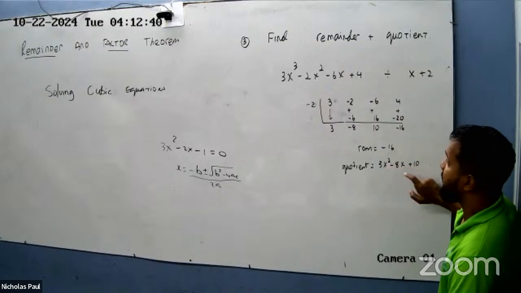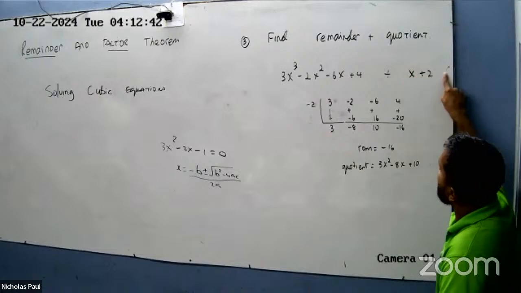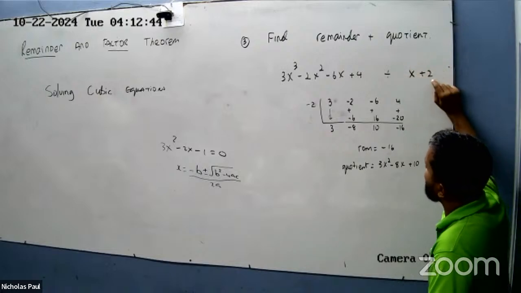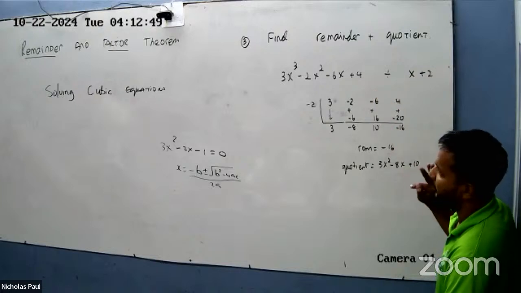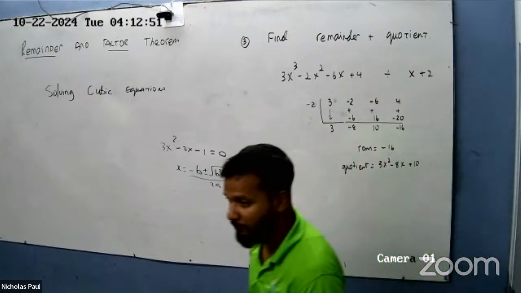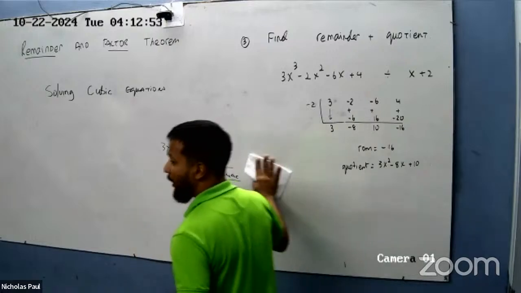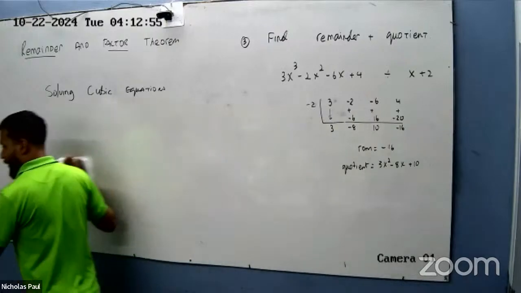So if we could figure out something called a factor, long divide, and then solve this, we'll be able to solve a cubic.